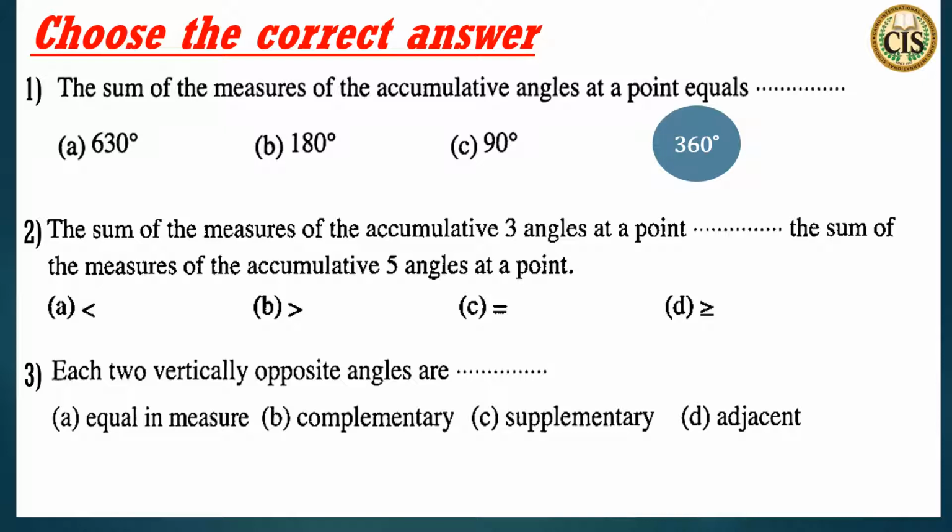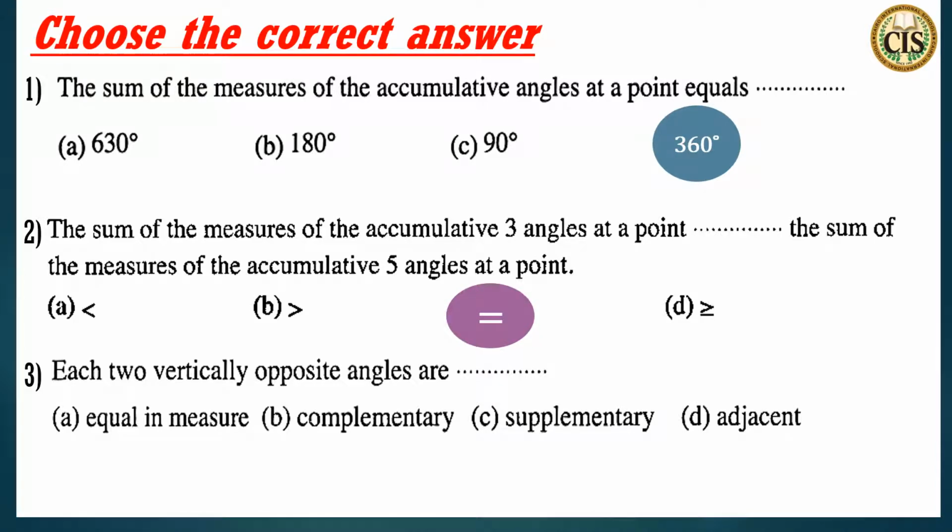Here, the sum of the measures of accumulative angles in general equals 360. Whatever 3 or 5 or 6 or 7 angles, the answer will be 360. So the answer will be equals.